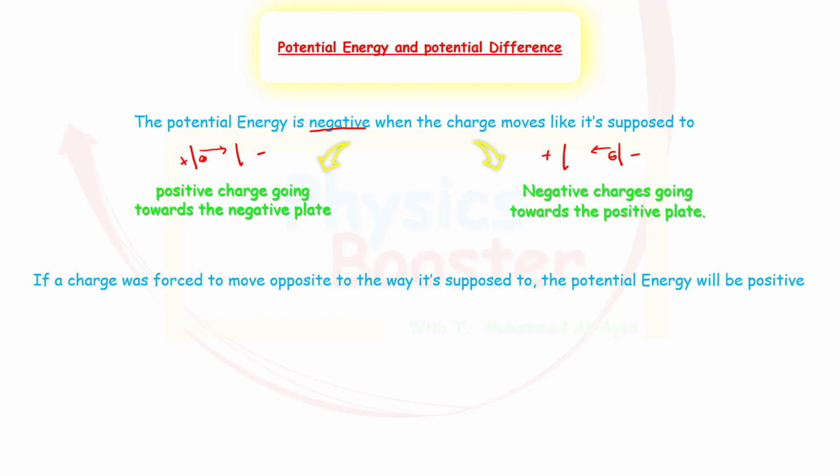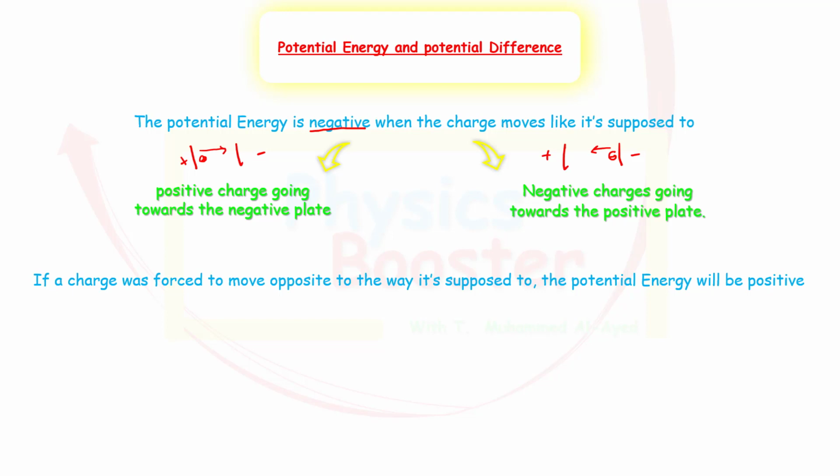If it goes as it's supposed to, that means it will have a negative sign. If a positive charge is going to the negative plate, it's supposed to do that, so the potential energy will have a negative sign. And if a negative charge is going toward the positive plate like it's supposed to, the potential energy will also have a negative sign.